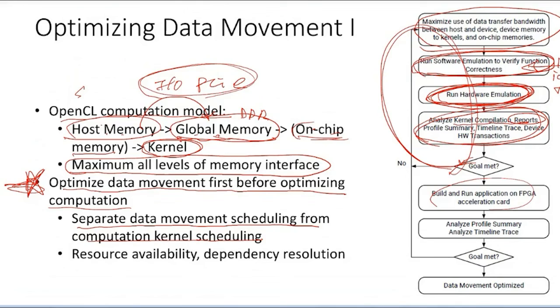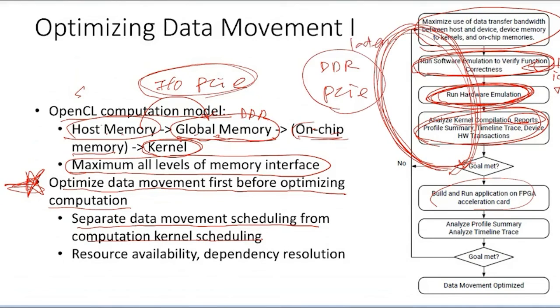When you do the kernel optimization with this code simulation, it doesn't give you correct DDR or PCIe latency. The latency is fake. It doesn't give you real latency, but you can get the idea of how the out of order execution and the pipelining work.